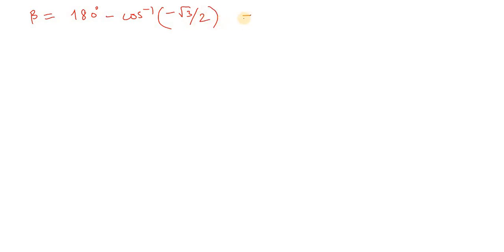So this will have two solutions, either 180 degree plus 150 degree, or it can also be minus 150 degree. Okay, because if you take a cosine inverse of minus under root 3 by 2, it will give you either a plus value or also a minus value. Okay, so the final answer will be plus or either minus 30 degree. This will be your beta angle.